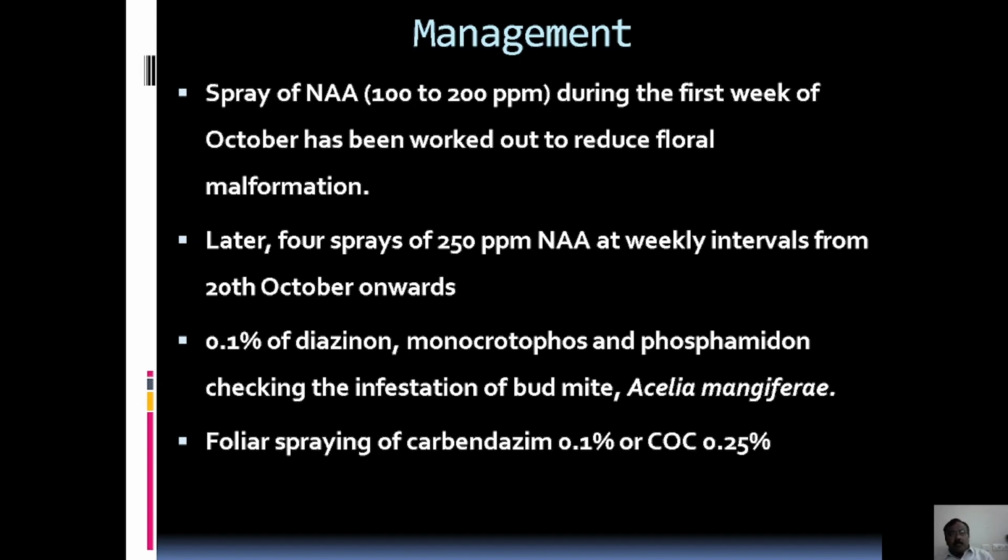Later, give 4 sprays of NAA at the rate of 250 ppm at weekly intervals from 20th October onwards. 0.1% diazinon or monocrotophos or phosphamidon, etc., will be helpful in reducing the bud mite infestation. And foliar application of carbendazim 0.1% or COC at 0.25% at a later stage will help in reducing the spread of the disease.